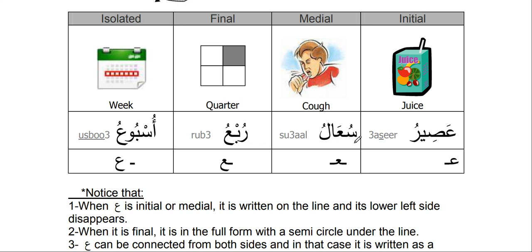Asir, juice. Su'al, su'al is kaf, and rubu' is the quarter, 1/4. As in English, we say 1/4, quarter. And this 2 becomes half, and now 3 becomes thuluth.